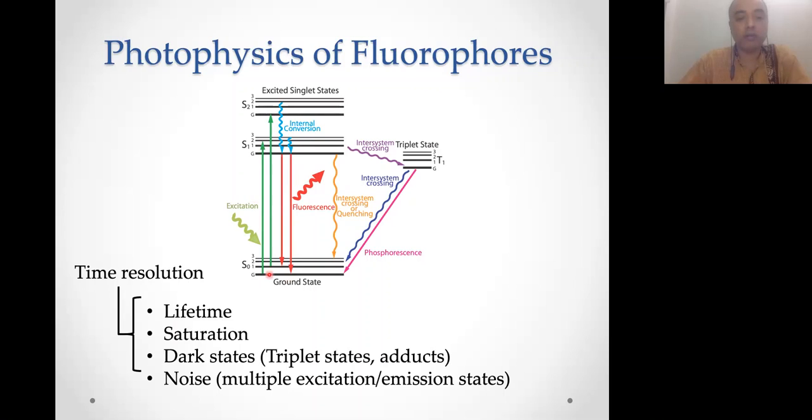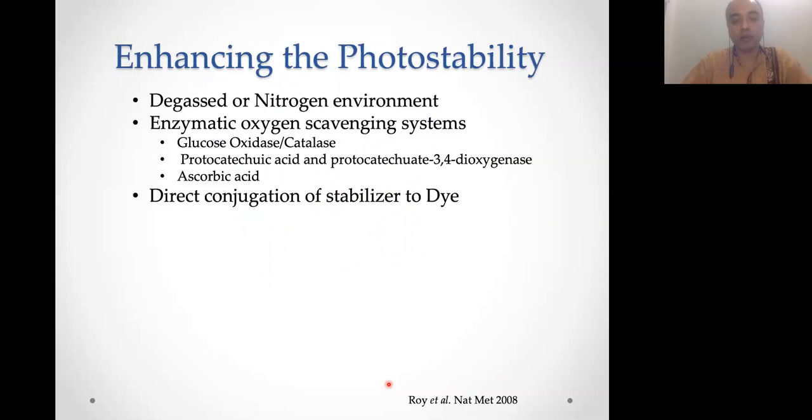You will reach a stage where you won't be able to pump in more laser and get it to go through this cycle more times, because they're already running at maximum duty cycle. So those things also limit your ability to do this. And you don't want to pick dyes which will give you different kinds of excited states and emission states, because that makes your interpretation of this data harder.